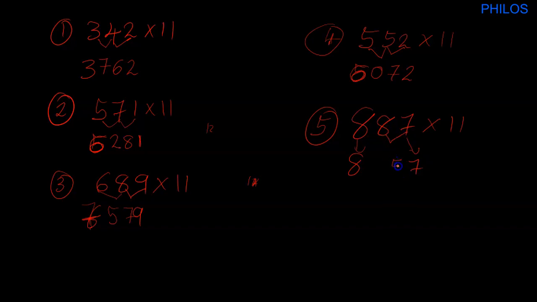So you write the 5 only and keep the remainder 1. Then you also take the middle digit and add it to the 8. So 8 plus 8 gives you 16. When you add the remainder 1 to it, it gives you 17, right? So you write 7 here, remainder 1. So you add the remainder to the 8 to give you 9. So that is 9,757. So we end it here.